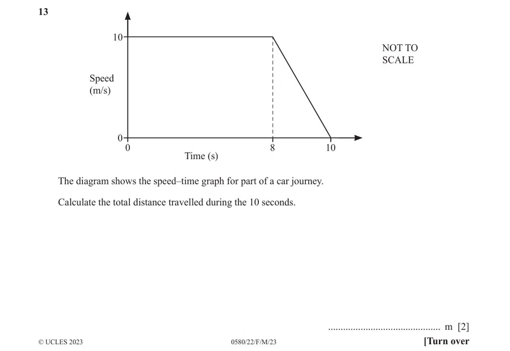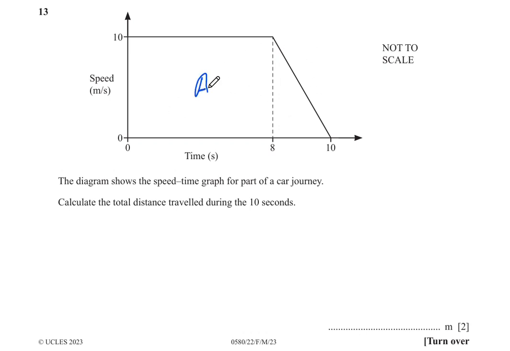The 13th question. The diagram shows the speed-time graph for the path of a car journey. Calculate the total distance traveled during the 10 seconds. For this kind of sum, you have to find the total area of the given shapes.